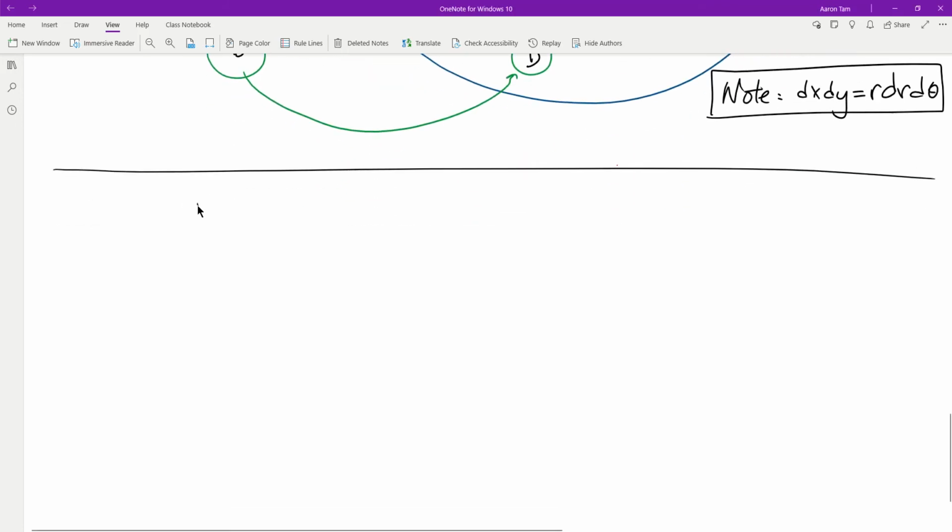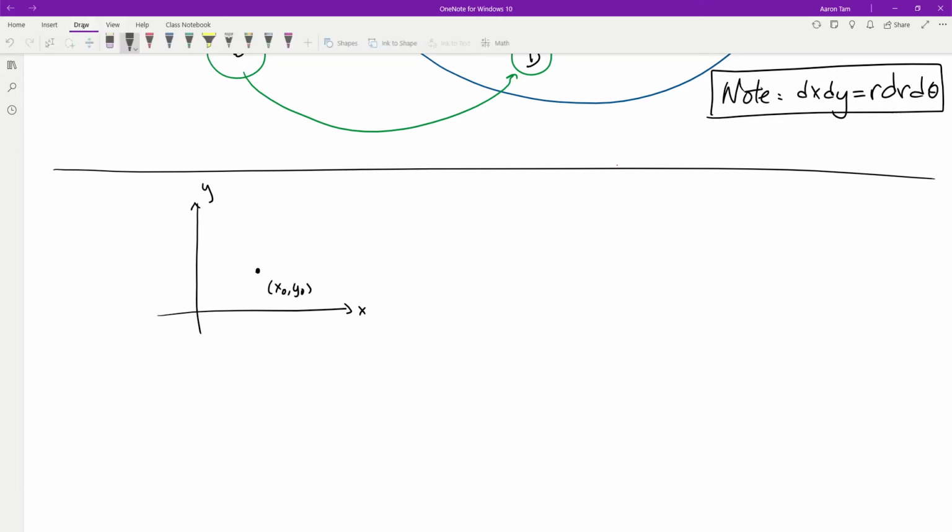So imagine that you're in the xy coordinate system, and let's say you pick a point, x sub 0, y sub 0. That point will be the intersection between a vertical line and a horizontal line. Now let's say I change the x and the y coordinates slightly, like this. So now this is my dy, this is my dx, and this little rectangle is what we call the coordinate rectangle.